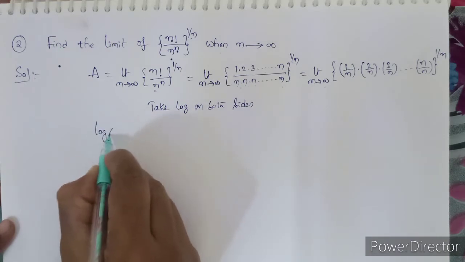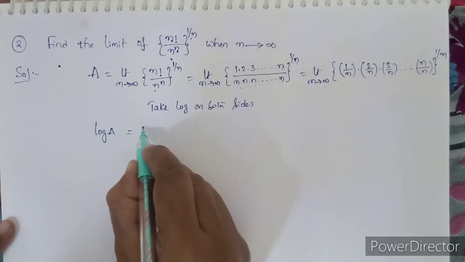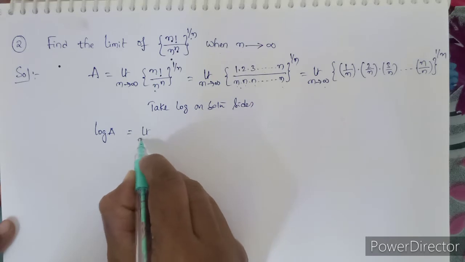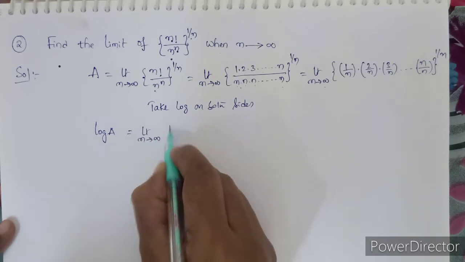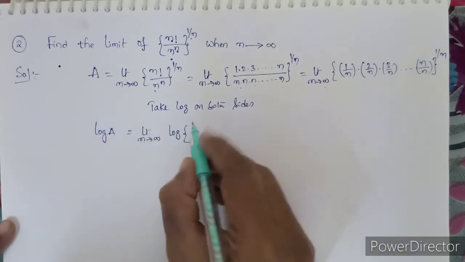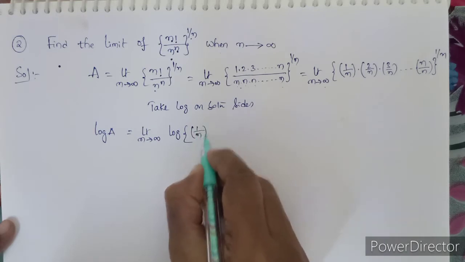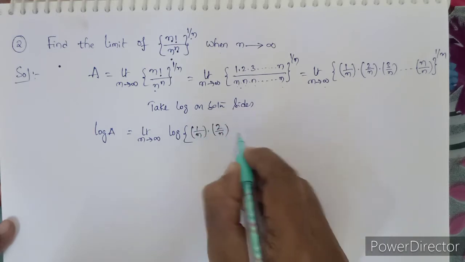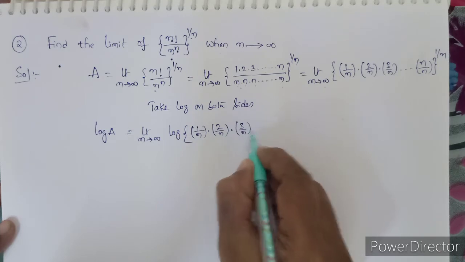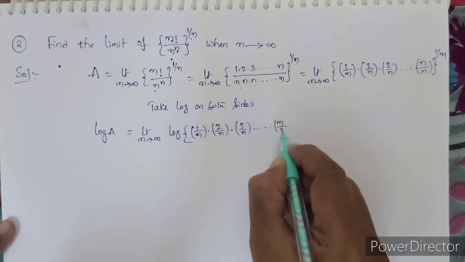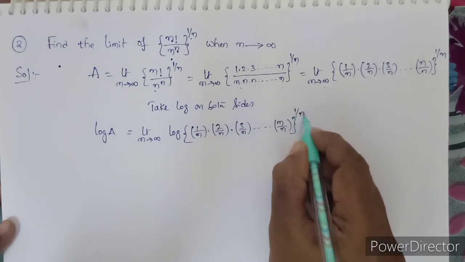Log A is equal to log limit n tends to infinity, we bring it outside, log of 1 by n into 2 by n into 3 by n and so on n by n whole power 1 by n.